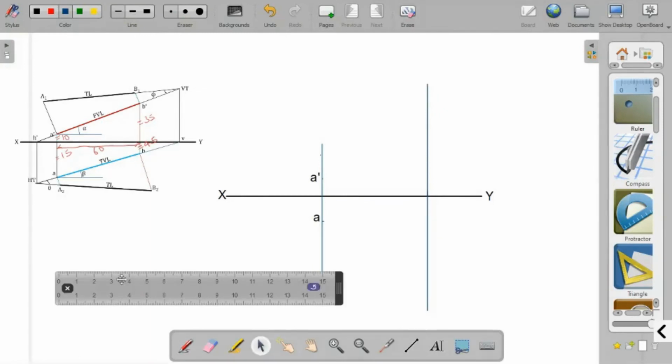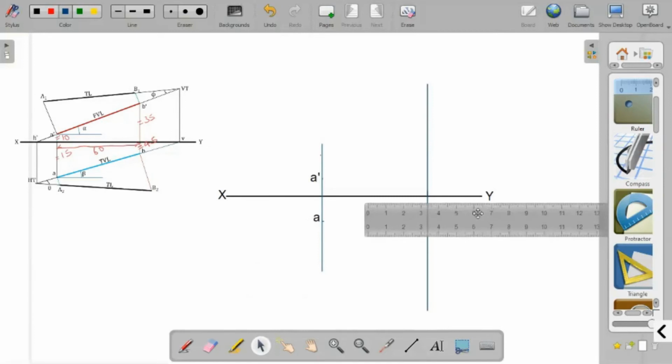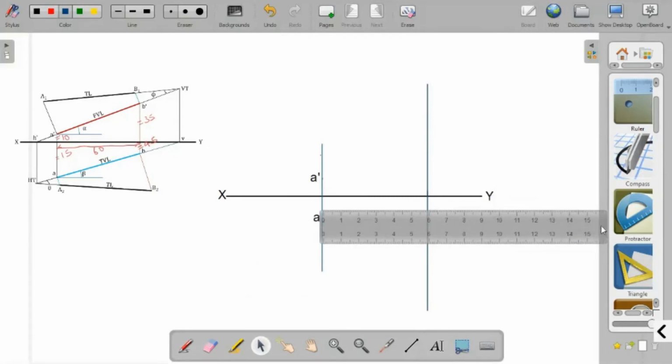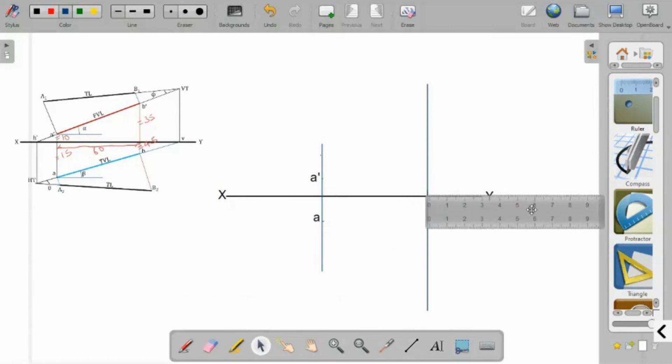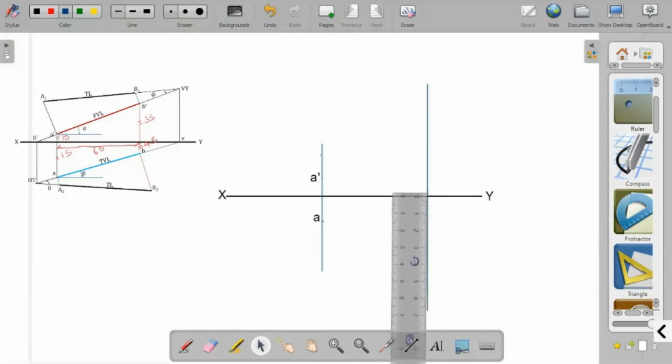And on this line, mark 35 millimeter, sorry, not 15, it is 35 millimeter above as well as 45 millimeter below the XY line.